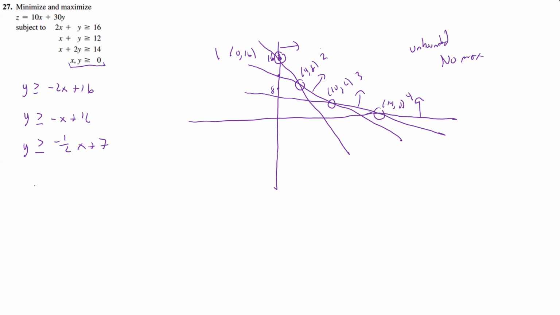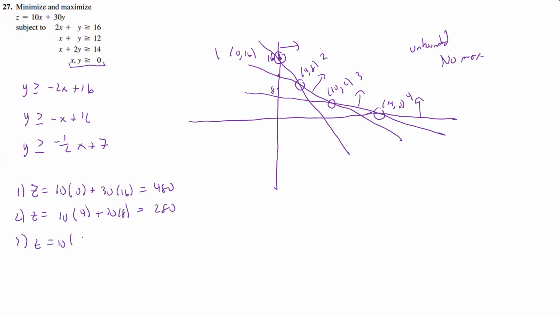And so for the minimize, we're going to plug into z. With point 1, we have 10 times 0 plus 30 times 16, which gives us 480. Then point 2, z equals 10 times 4 plus 30 times 8, which gives us 240 plus 240, or 280. For point 3, z equals 10 times 10 plus 30 times 2, so that's 160.